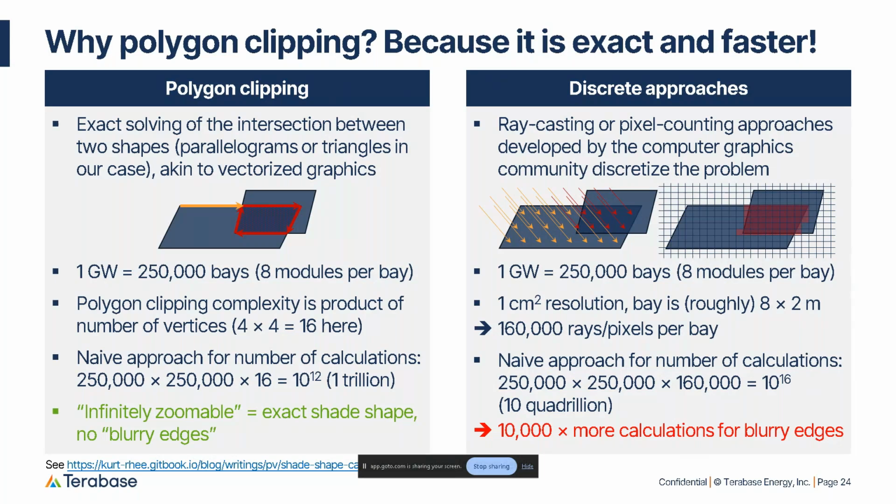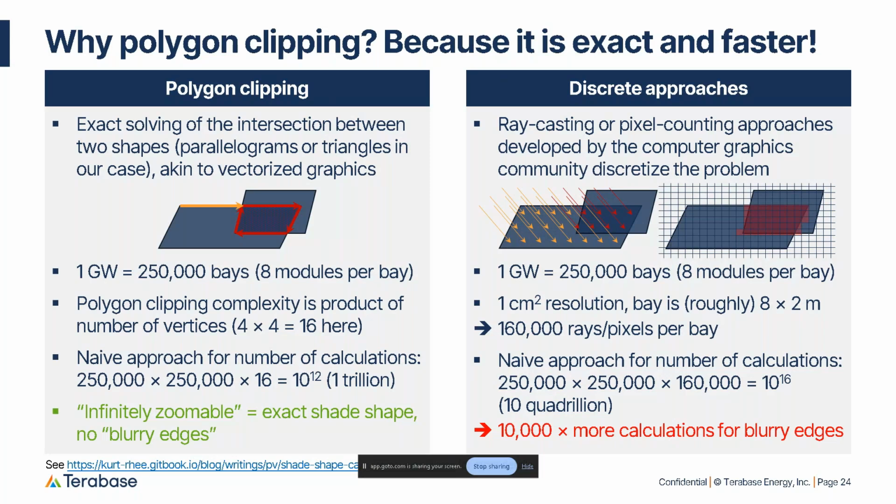The first one is what we would call continuous approaches, that polygon clipping is one of. The second ones are discrete approaches, where you discretize the space. Think about raycasting, ray tracing, pixel counting. This usually comes from the computer graphics community, which is based on pixelized screens.